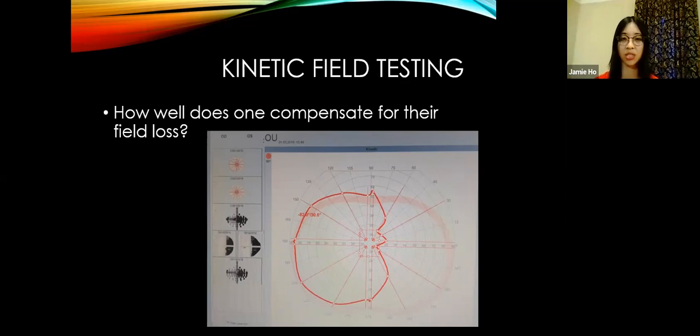What I use this for is to see how well one compensates for their field loss. You can see here in my picture, this patient has a hemianopsia. This was their Esterman. It's a little smaller, but they have a full hemifield loss. It is pretty dark, near absolute. But in kinetic, it doesn't actually stop right at the midline.